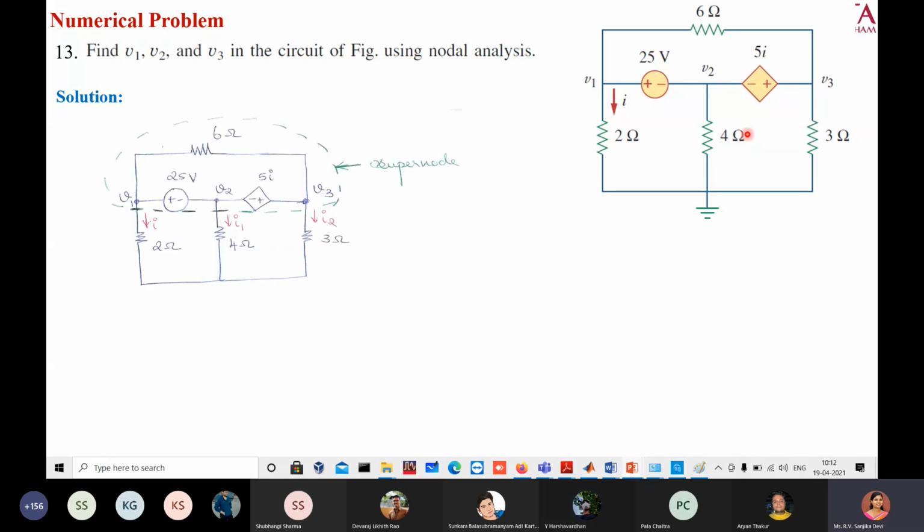Actually, here instead of creating 2 supernodes, we can consider this entire thing as a single supernode. And I told you, if there is any element in parallel to that, that can also be treated together as a supernode.